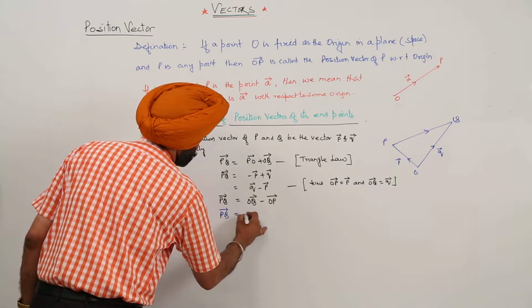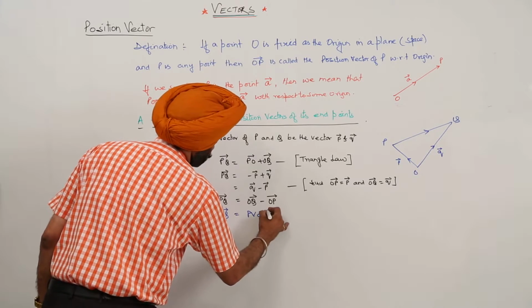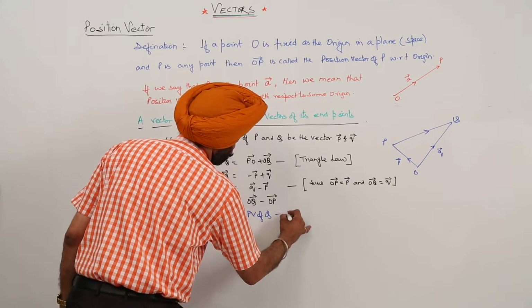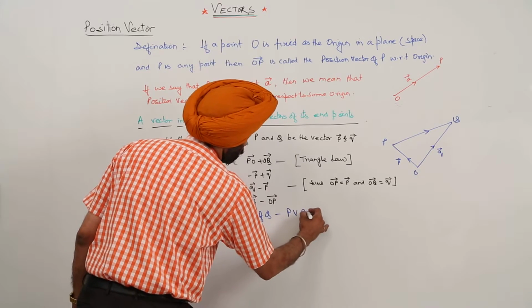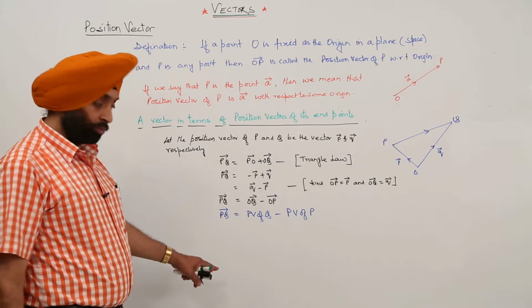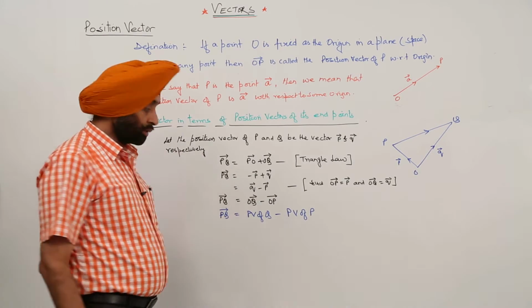Vector PQ is equal to position vector of Q minus position vector of P.